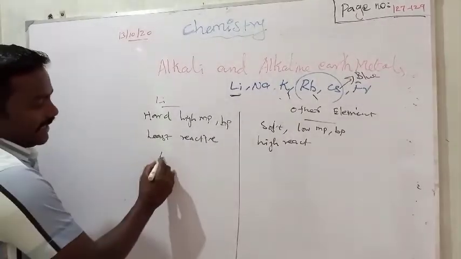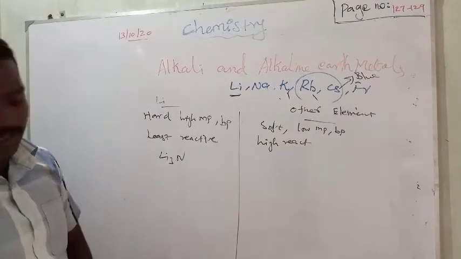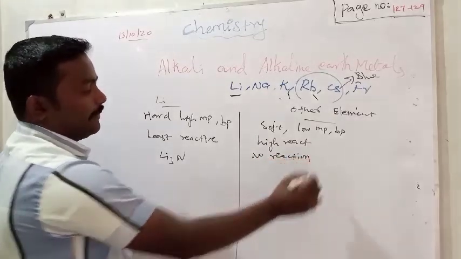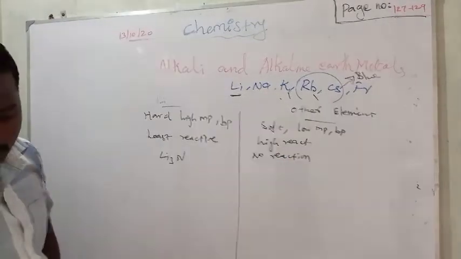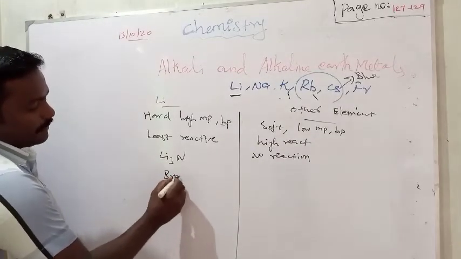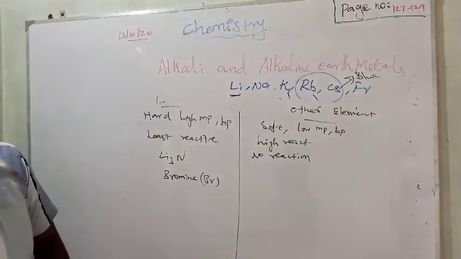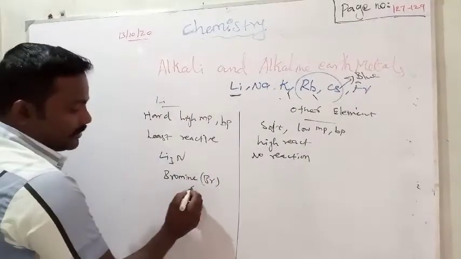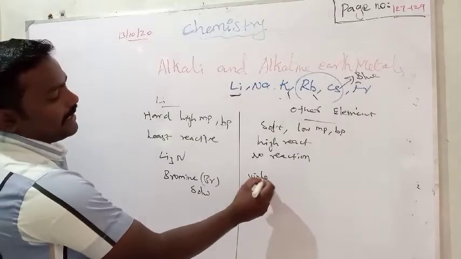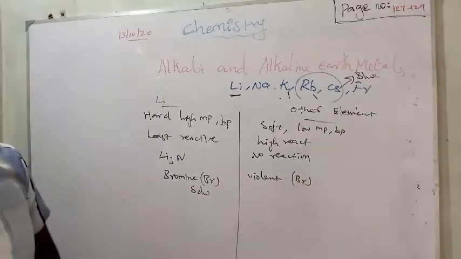Then lithium reacts with nitrogen and produces lithium nitride, but other elements will not react with nitrogen. The next one, with bromine: lithium reacts with bromine, but that reaction is very slow, while the other elements react violently with bromine. Okay.